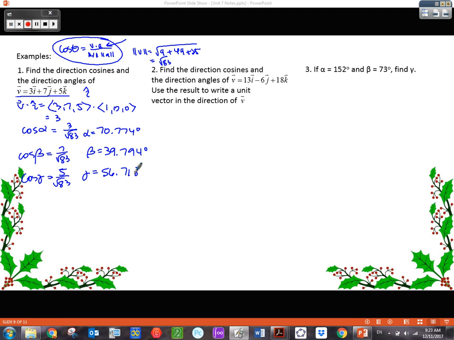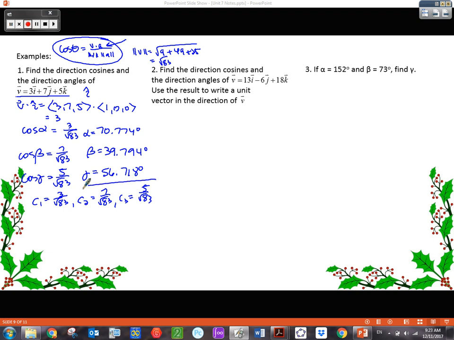56.718 degrees. Now let's go back up and make sure we're answering the questions. They wanted us to find direction cosines. Cosine 1 was 3 over root 83. That's my direction cosine for my x component. Cosine 2 is 7 over root 83, and cosine 3 is 5 over root 83.